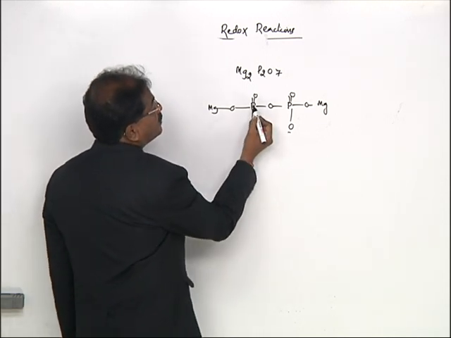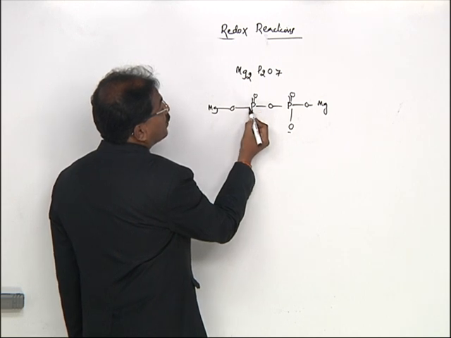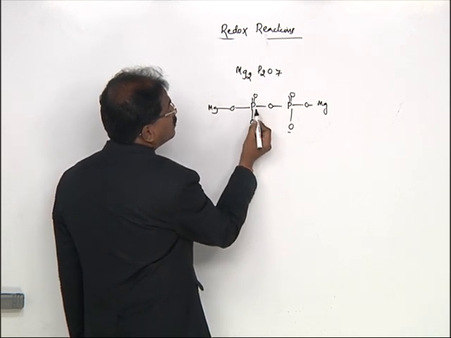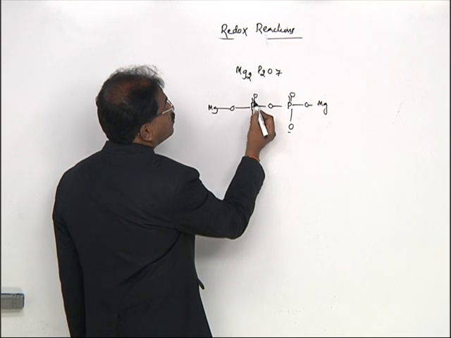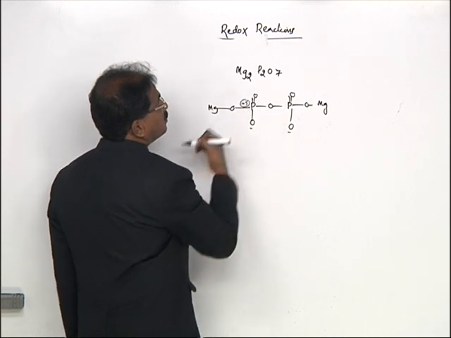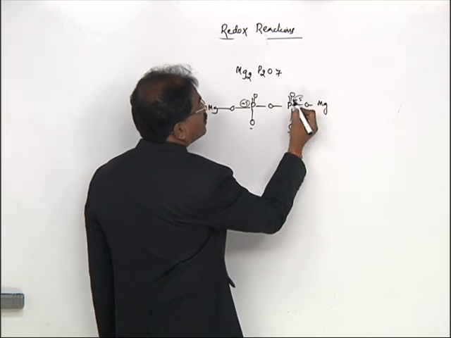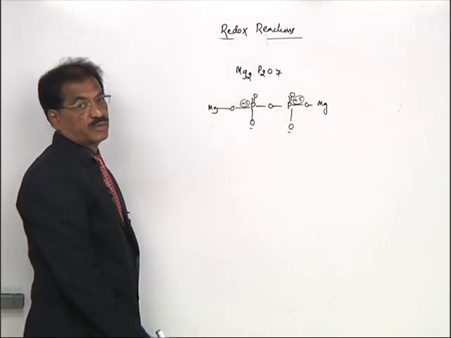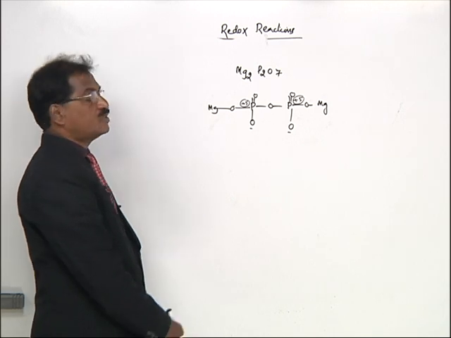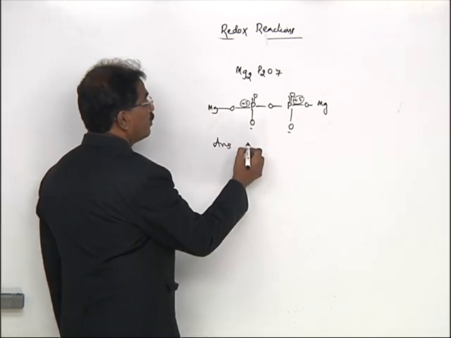Here this phosphorus has lost 2 electrons, here it lost 1 electron, here 1 loss, here 1 loss. That means here 3 loss, here 2 loss. Total loss is +5 electrons. Therefore, the oxidation state of the phosphorus is +5. So select the option where +5 is shown. Answer 3.